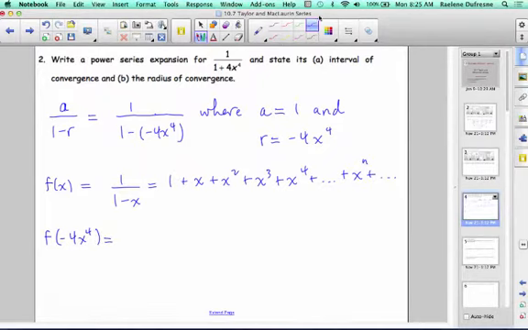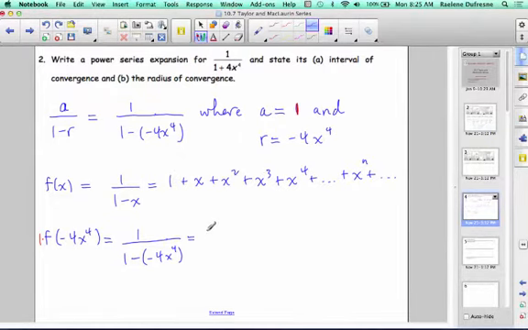If we had a different value for a, for example, some function g of x, then we would have had to multiply by g of x as well. But we don't have a equal to g of x. We have a equal to 1, so we're multiplying by 1 here for the value of a. And so we get 1 over 1 minus (-4x^4), which is of course 1 over 1 plus 4x^4.